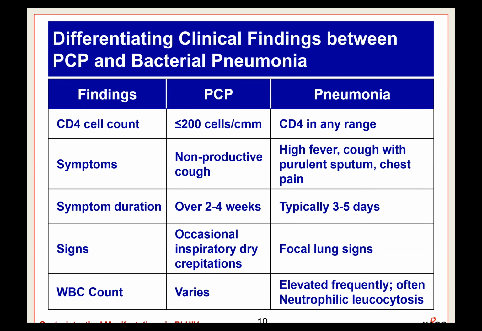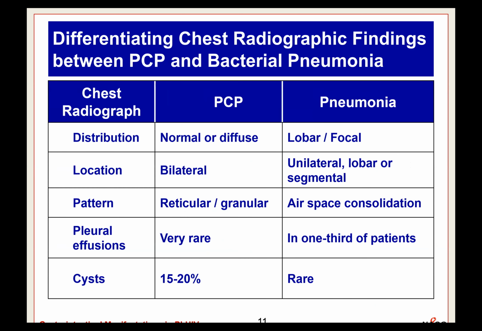Chest pain may also happen because of pneumonias. Sometimes patients with pneumonia present with parapneumonic effusions because of fluid collections, and that may give dullness on percussion. In PCP, these patients may present with a cyst, but very, very rarely they may present with pleural effusions. So that usually doesn't happen with PCP.